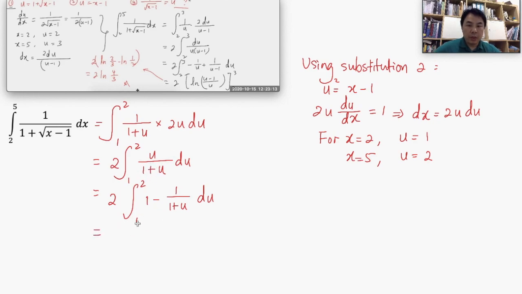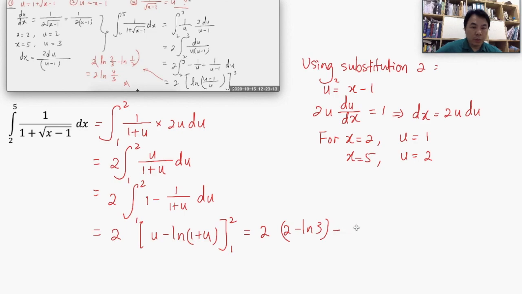Now, once we are ready, we can integrate this quite directly. So that will give us u minus ln of 1 plus u, and then we apply our lower boundary and upper boundary here. So from here, we will have 2 minus ln 3, subtract off 1 minus ln 2. Okay.